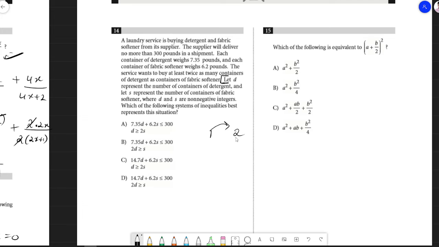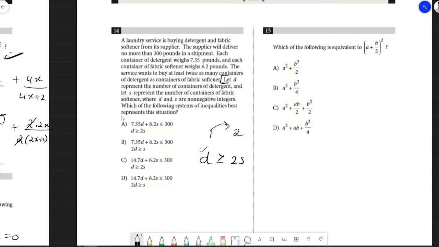At least means a minimum of twice should be there. More can also be possible, but minimum twice should be there. So that means D should be greater than or equal to 2S. That means detergent should be at least two times that of fabric softener. Okay, so this is the one thing.